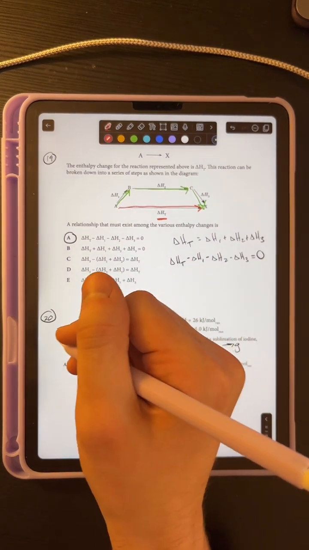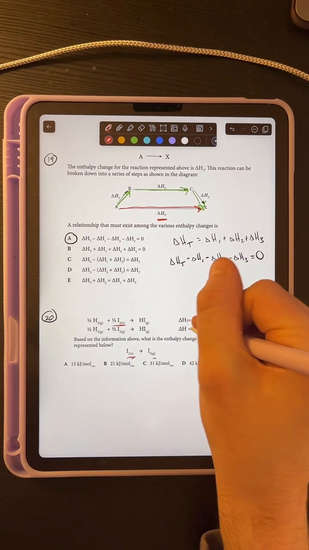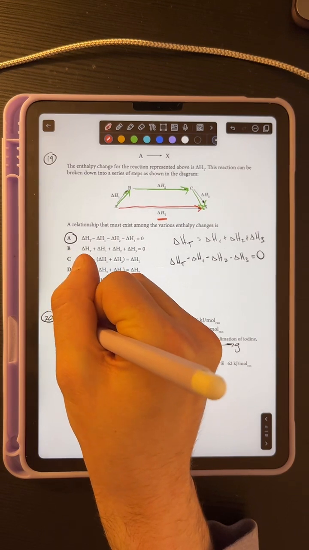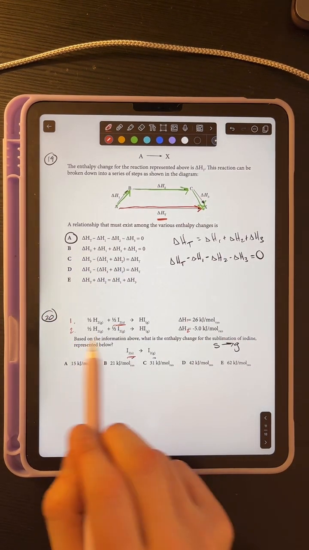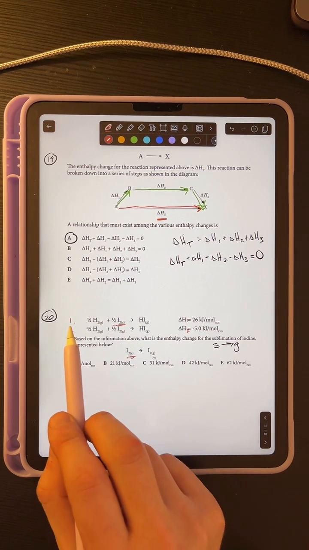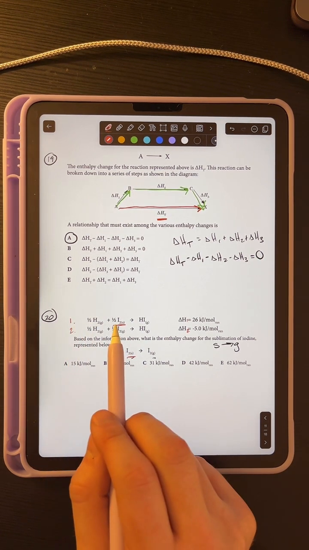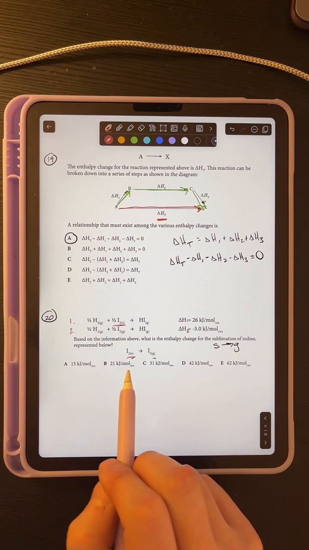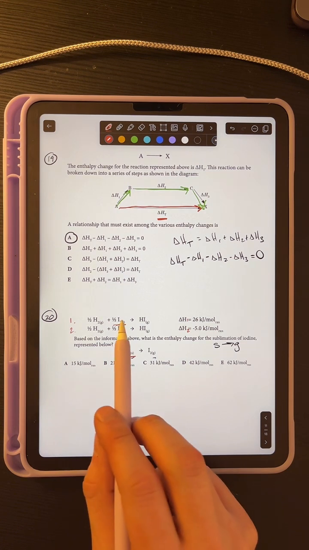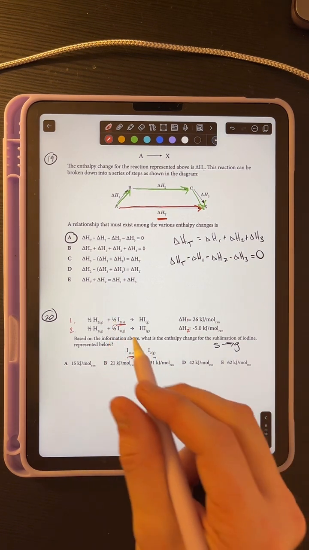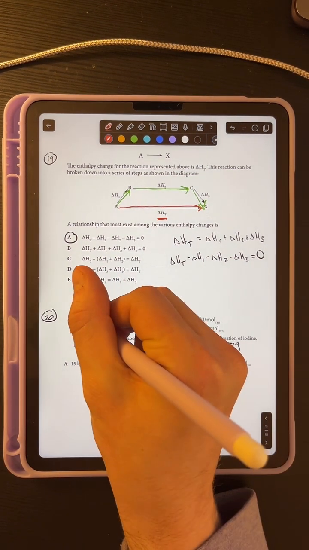I'm going to label these 1 and 2 so we can talk about this. I2 solid is in reaction 1, and it is a reactant in both scenarios, but in reaction 1, it is half of I2. So what are we going to do?